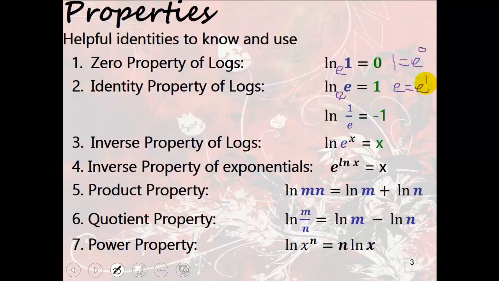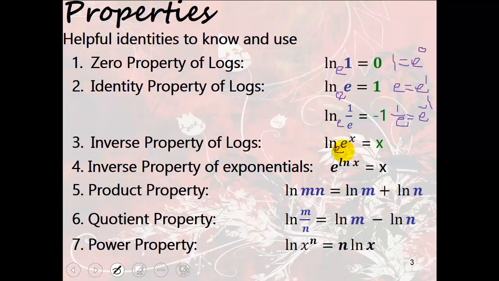My negative identity property says that the natural log base e of my input 1 over e has to equal negative 1, because 1 over e equals my base e raised to the negative 1 power. The inverse property says that the natural log base e of the input e to the x equals x. And that has the same property that we used before for others, the same as the inverse property of exponentials.